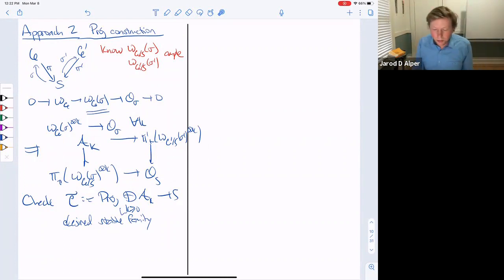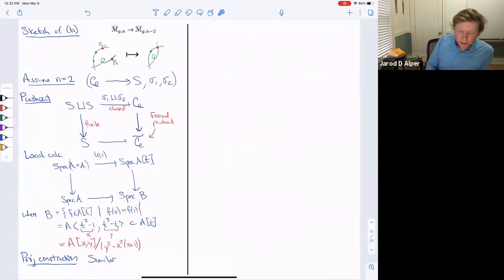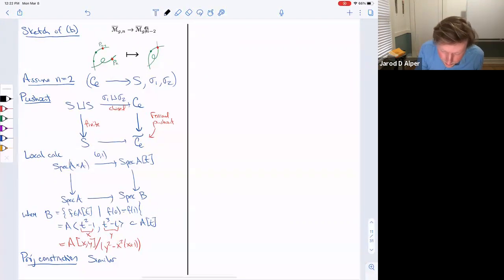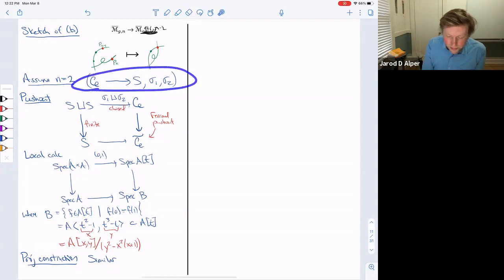And let me quickly, I won't go through the details as much, but let me explain how you can glue these in the second example. Here we're given a family of stable curves and two sections, sigma 1 and sigma 2.